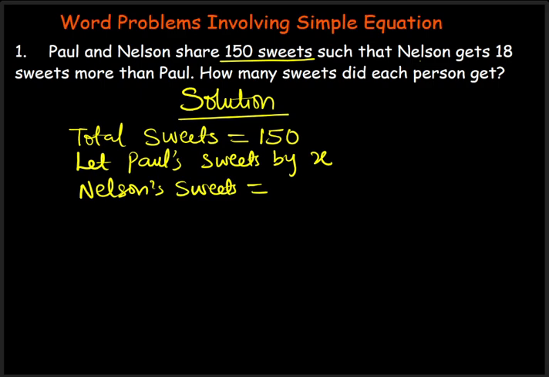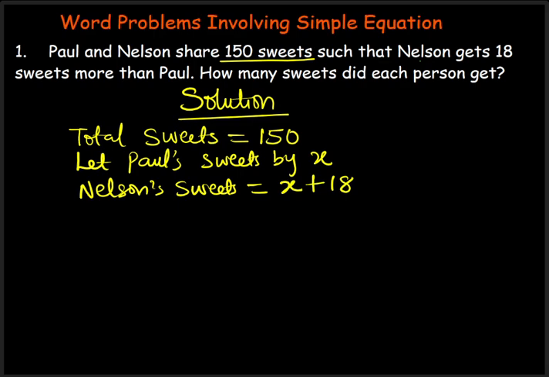will be equal to what? Nelson gets 18 sweets more than Paul. That means anything Paul gets, Nelson will get 18 more than. You add 18 to Paul's sweet to get Nelson's sweet. So Nelson's sweet will be equal to Paul's sweet plus 18. This is the principle.